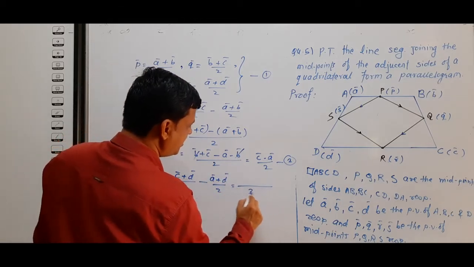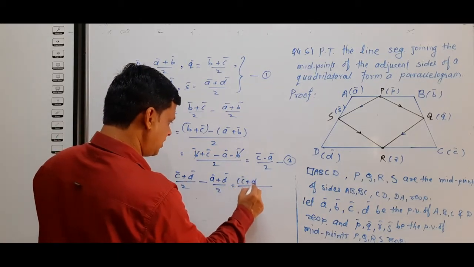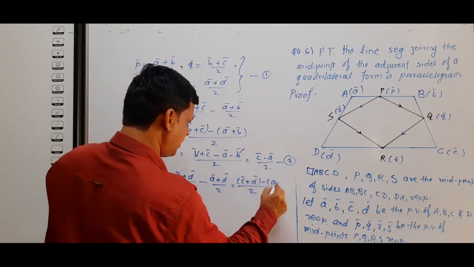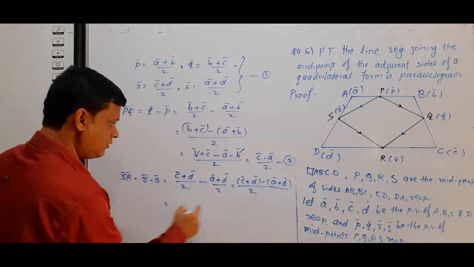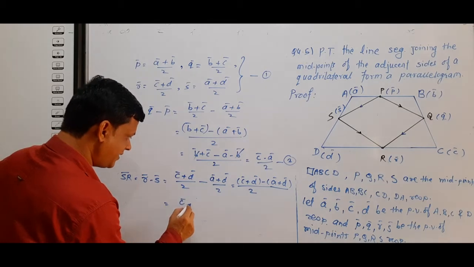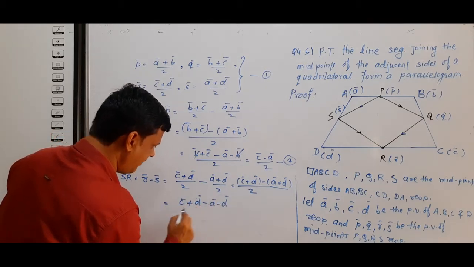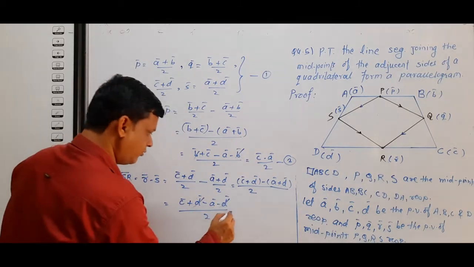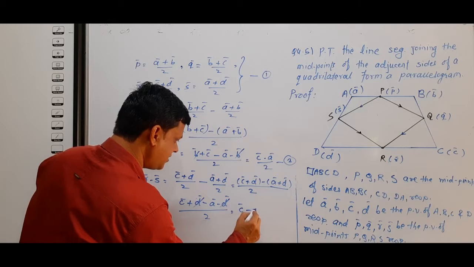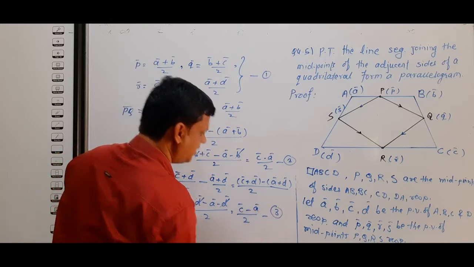The base is the same, so in the numerator we write C bar plus D bar minus A bar minus D bar. D bar minus D bar cancels, and we get C bar minus A bar upon 2. Denote this as equation number 3.